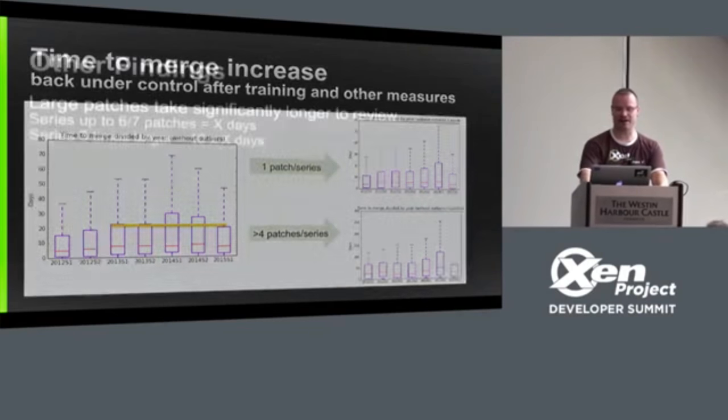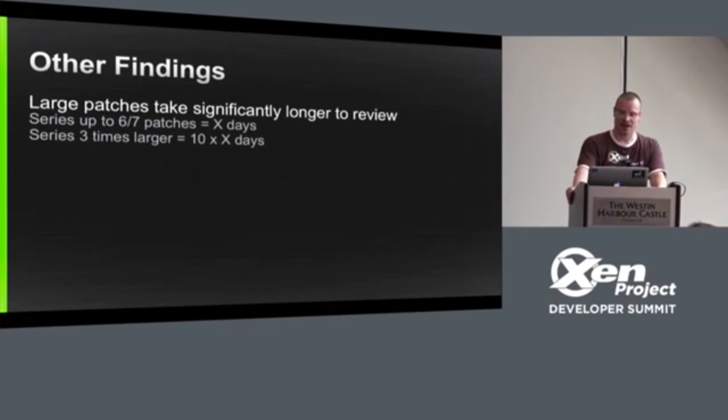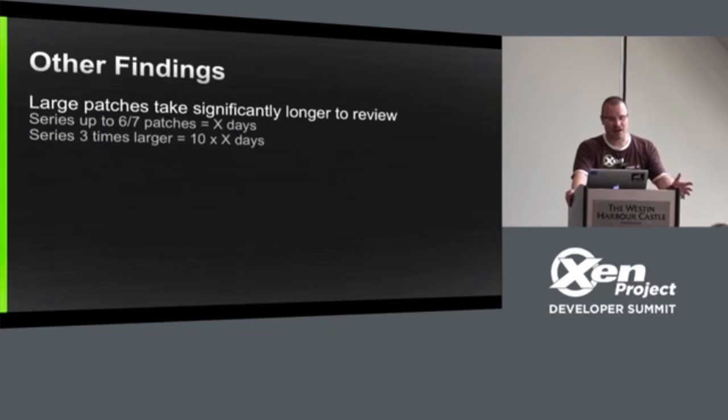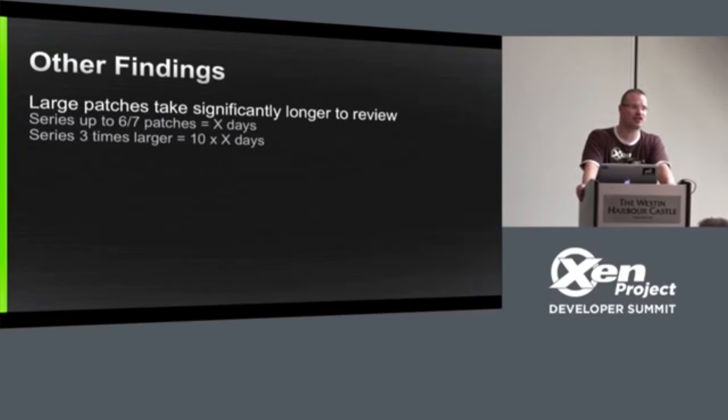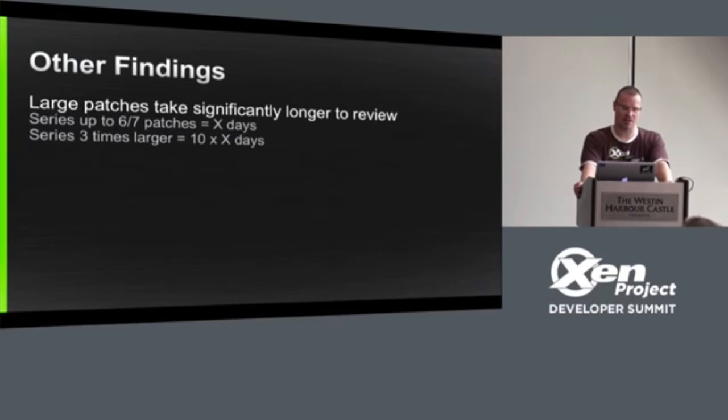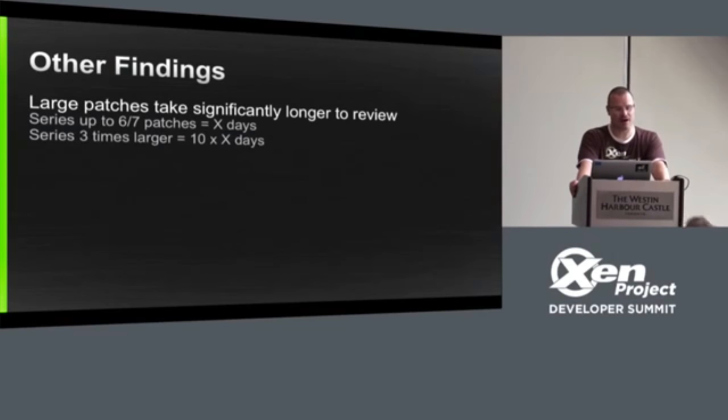There were a few other findings as well, which are really quite interesting. Typically our patch series are about 1.8 patches big. Then we have a few very large patch series, and those take about 10 times longer than a series of 6 or 7 patches.